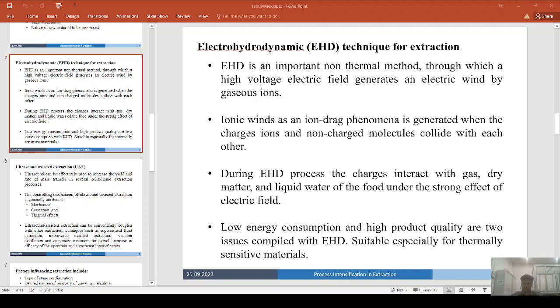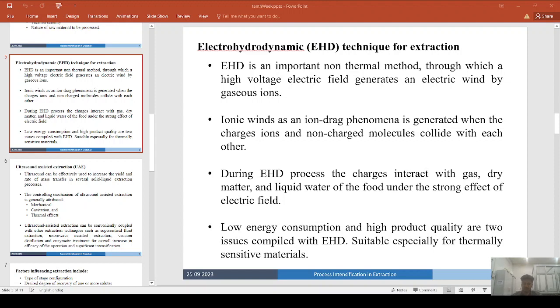The corona discharge is generated by connecting the needle electrode to the DC high voltage. So this was demonstrated in the paper by Ahmadzadeh in 2018 in Carbohydrate Polymers, 188th issue.